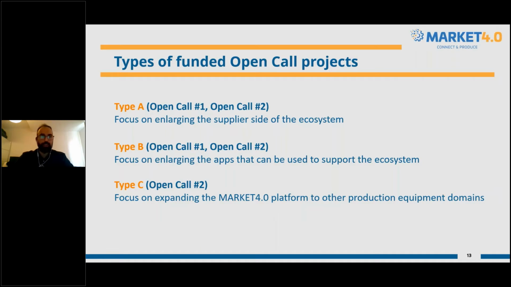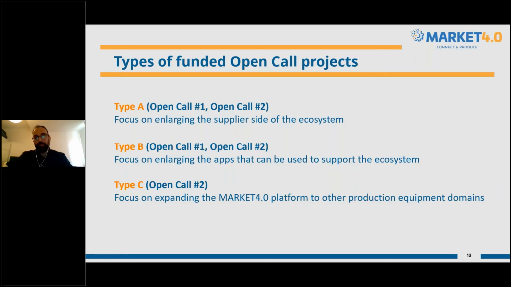Consequently, Type B projects focused on the infrastructure and app providers side of the triangle, the bottom side of this ecosystem, with a focus on implementing and providing apps and services used to support the activities of the ecosystem, to support the collaboration between the supply and the demand side.